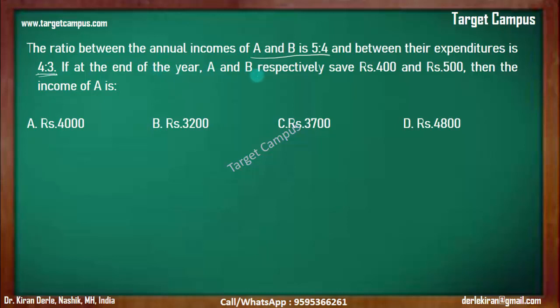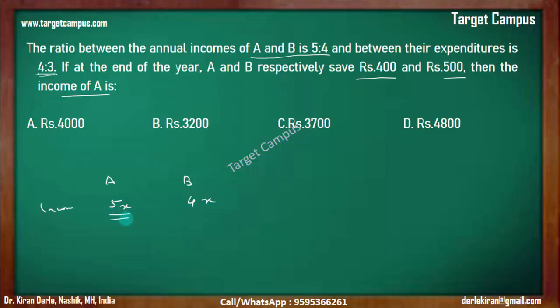If at the end of the year A and B respectively save 400 and 500, then the income of A is. So the ratio of annual income is 5:4. So let's say this is the income of A and this is the income of B then, right?